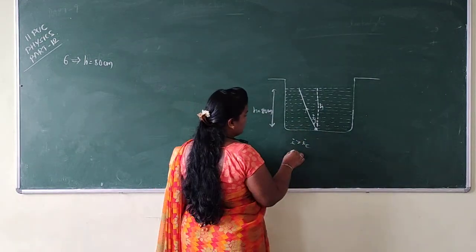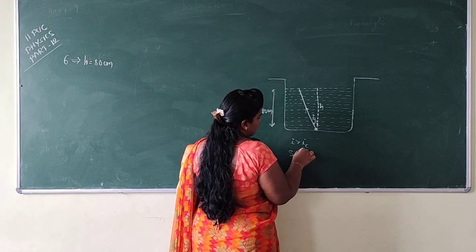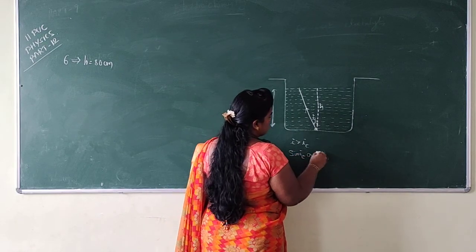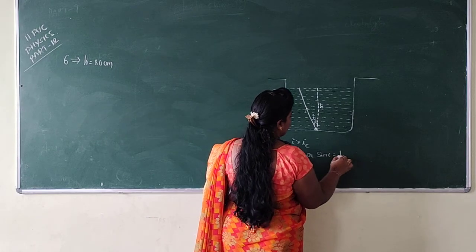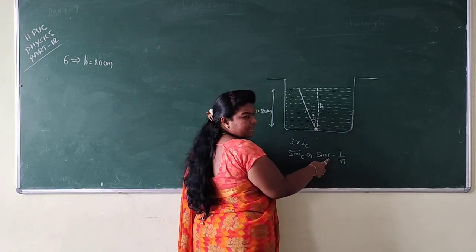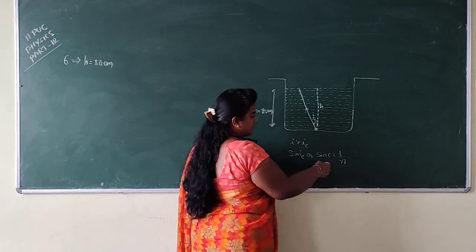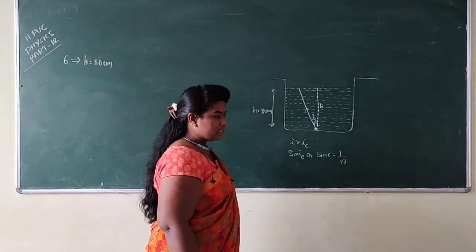However, you know the relation that sin C, or sin IC, is equal to 1 by n, where C is the critical angle and n is the refractive index.